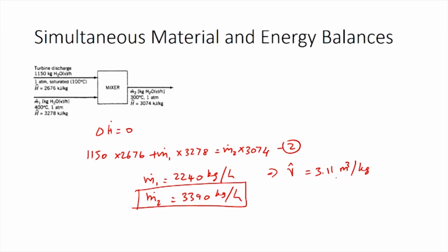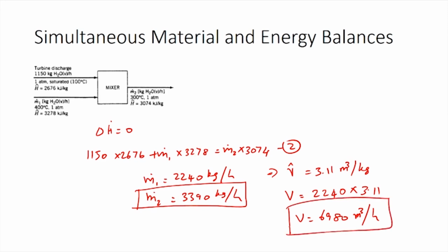Using the specific volume, we can calculate the volumetric flow rate as V equals mass flow rate, which is 2240, times the specific volume, which is 3.11, giving a volumetric flow rate of 6980 meter cube per hour. So, this would be the volumetric flow rate.